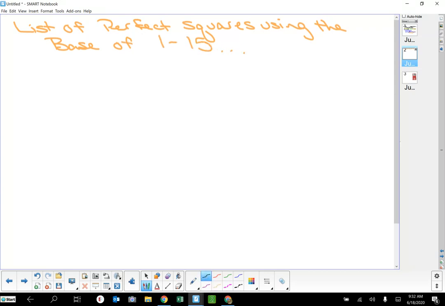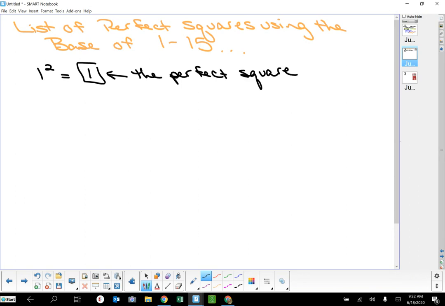And so what I mean by that is we have 1 squared. Well, what is 1 squared? It is 1. This 1 right here is the perfect square. Okay, 1 is the base. We're squaring it. In this case, that's the perfect square.